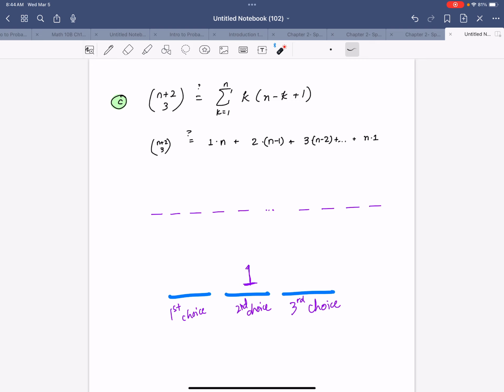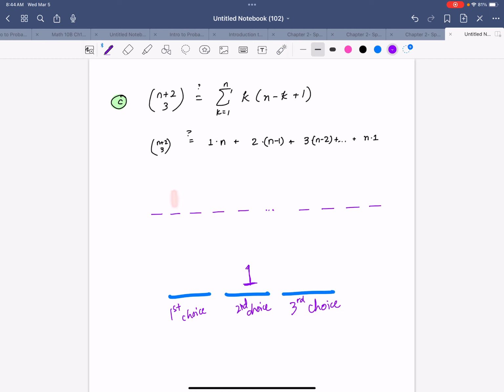So if I have a barrier here, and I'm asking how many locations can I put 2 more barriers, one to the left and one to the right, then the right-hand side represents the number of ways that we can add 3 barriers, counting by where you place the middle barrier.